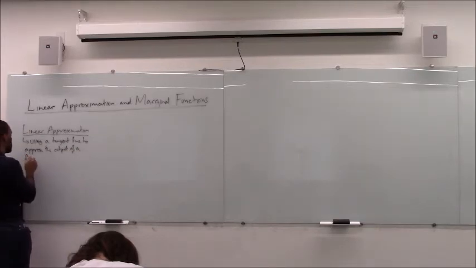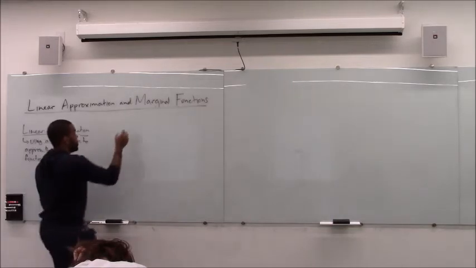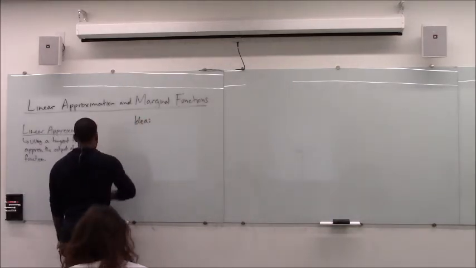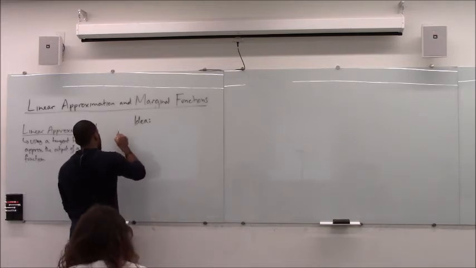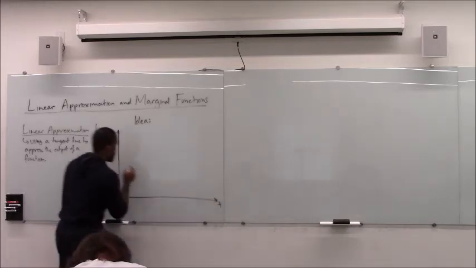So this is called linear approximation because you use a line to make the approximation. So where does this idea come from? Well, you can imagine a little picture here. I'll tell you where the basic idea comes from.